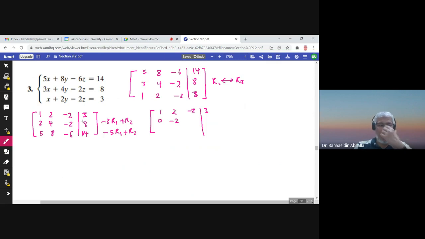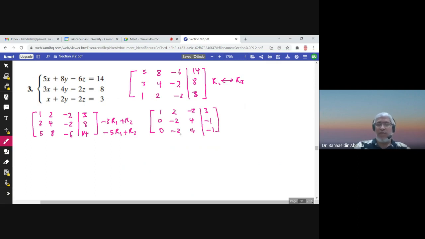Negative 3 times negative 2 is 6 minus 2, that's 4. Negative 9 plus 8, that's negative 1. Negative 5 plus 5, that's 0. Negative 10 plus 8, that's negative 2. 10 plus minus 6 is 4. And negative 15 plus 14 is negative 1.